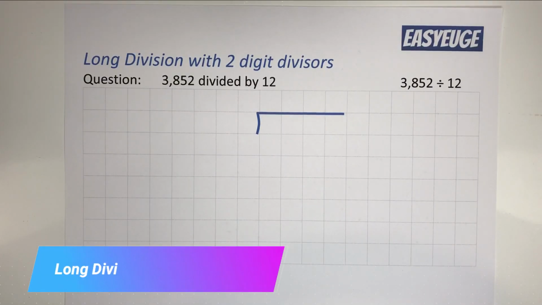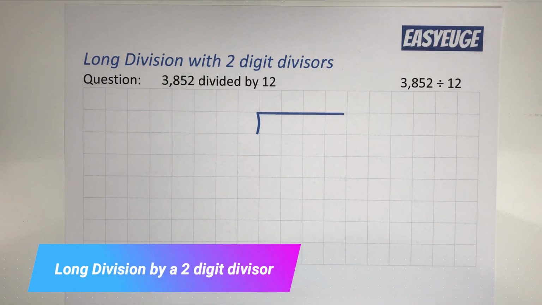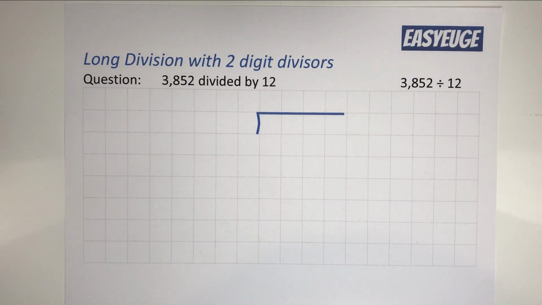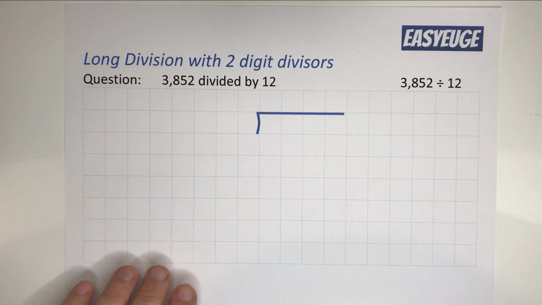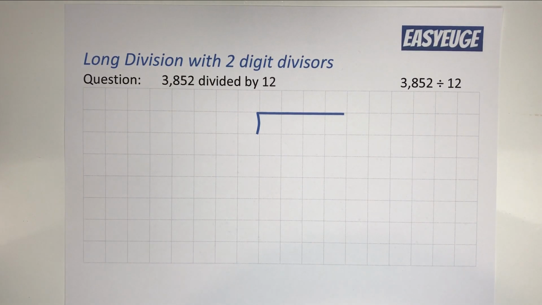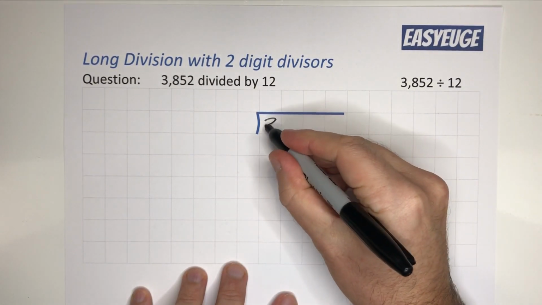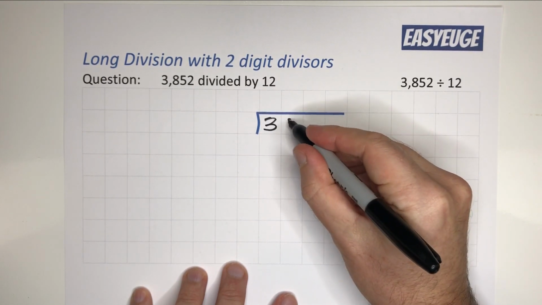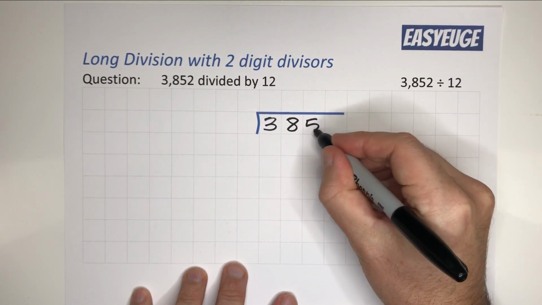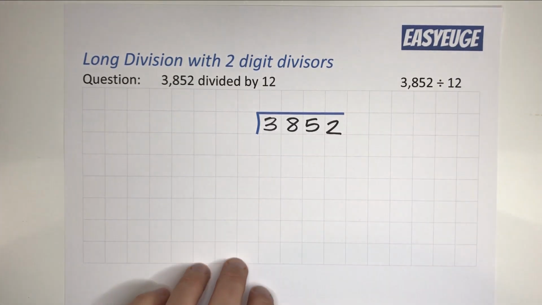Let's get started with long division, but this time we are dividing by a two-digit divisor. Let's remind ourselves what a divisor is again. The number that we are dividing up, 3852, is the number that we put in the divide symbol right here.